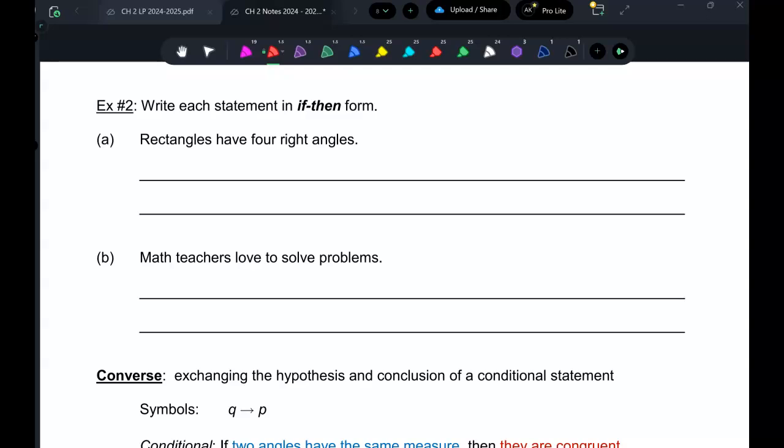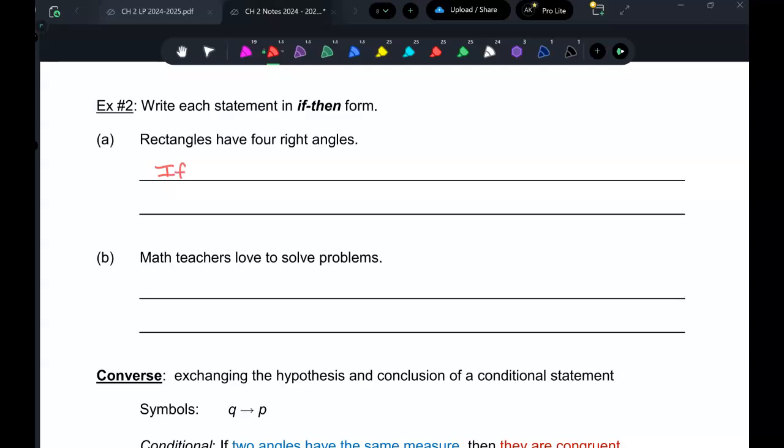Okay, so that would be a different statement altogether. Our condition is what? What's the first part? Rectangle. Okay, so if you have a rectangle, or if a shape is a rectangle, or if a polygon is, or a quadrilateral. So any one of those are fine.